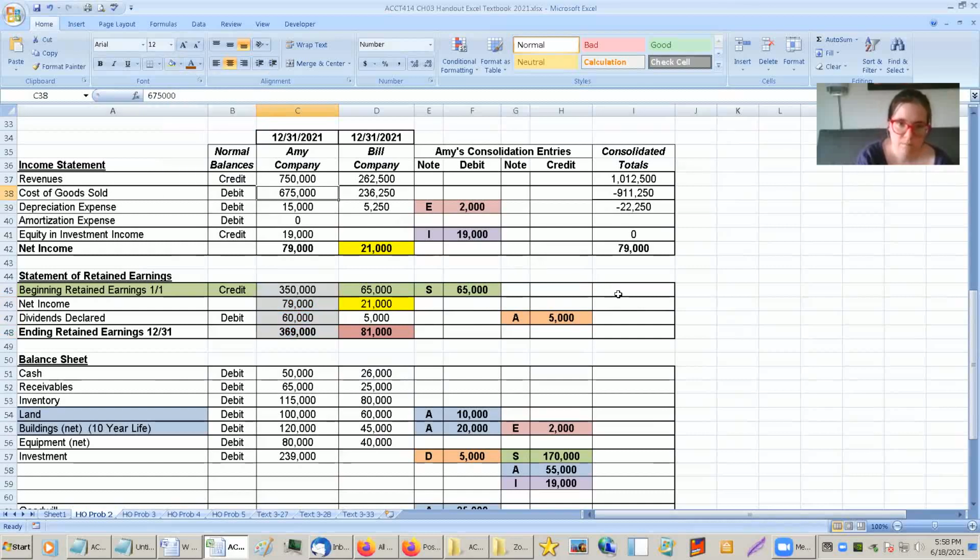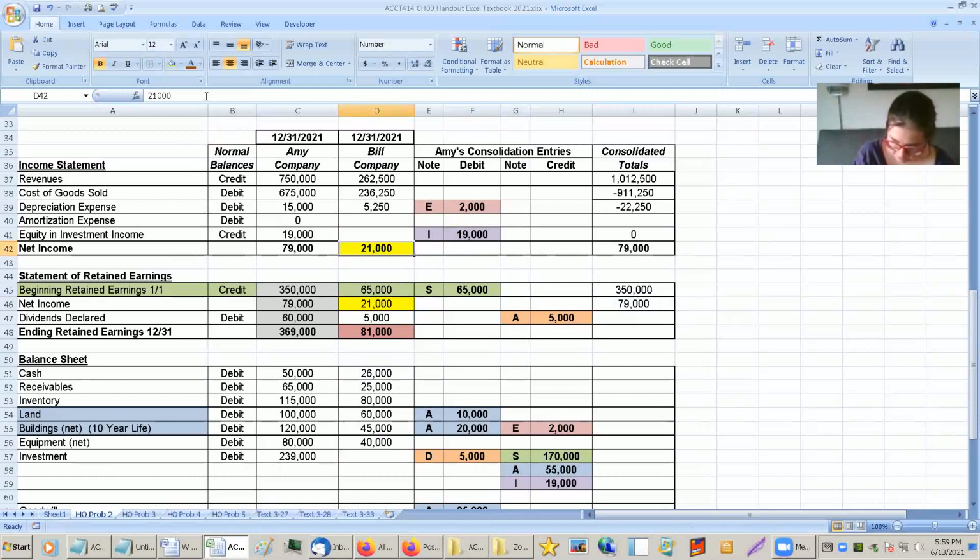There we go. So the only thing that's going to be on the books, this 65,000 is gone. The retained earnings is gone. The income of 21,000 is gone, because we disappeared it off the income statement, right?